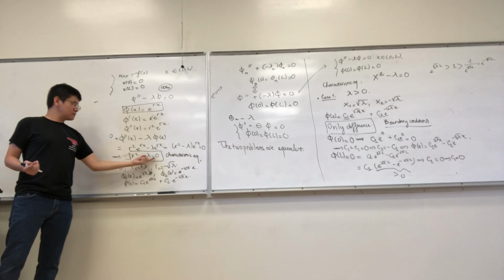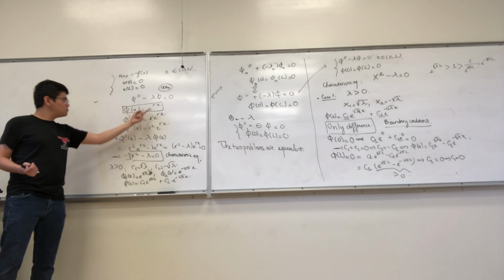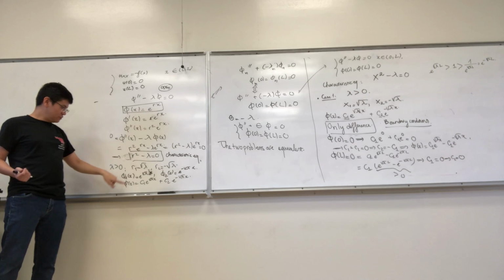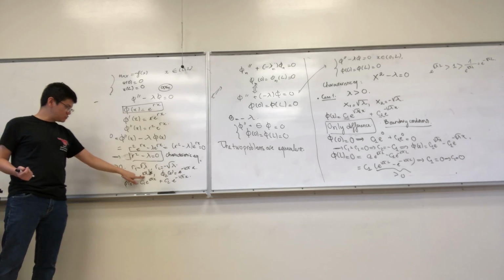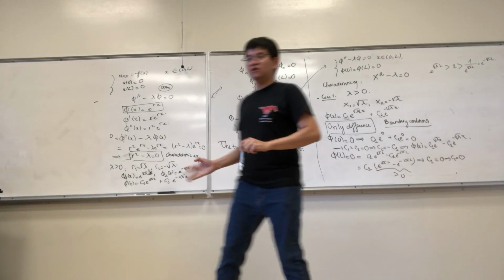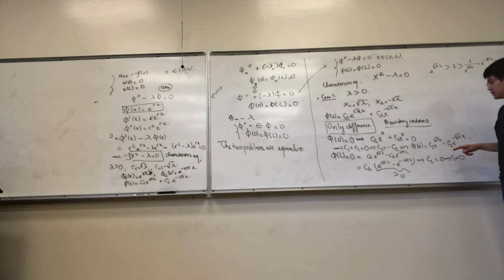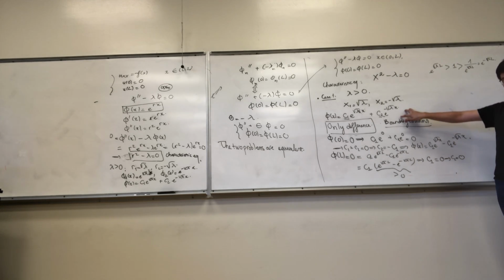So when this is 0, you have two roots, right? The two roots you plug back into this form. You're going to have one solution, exponential of square root lambda x, and the second one, exponential of minus square root lambda x. You combine them.